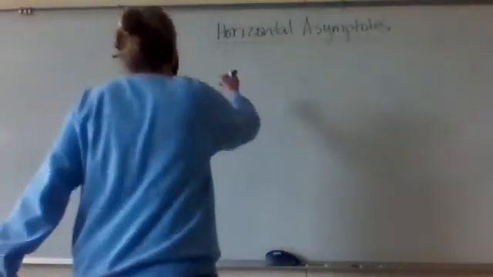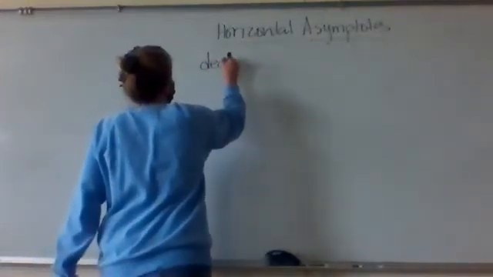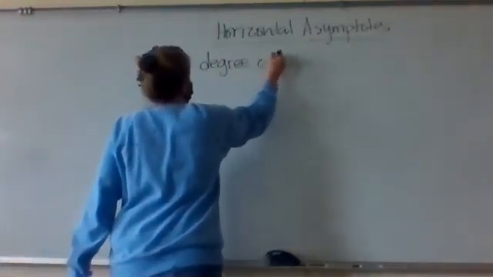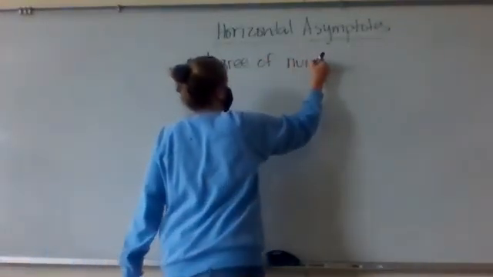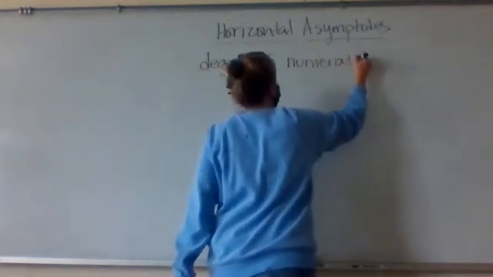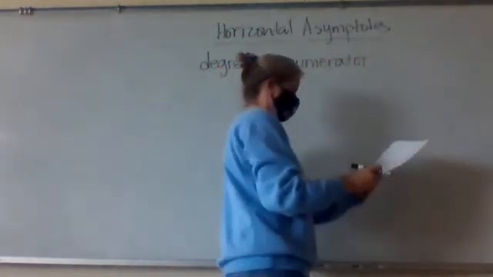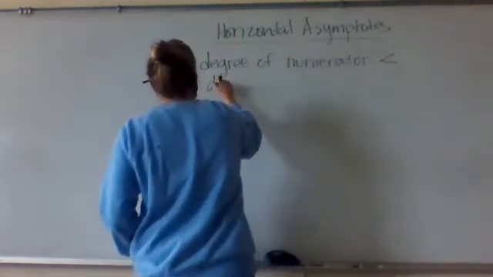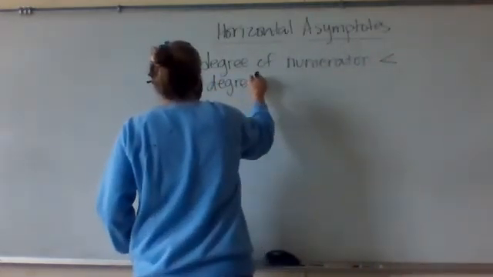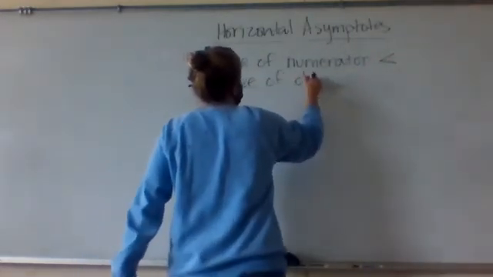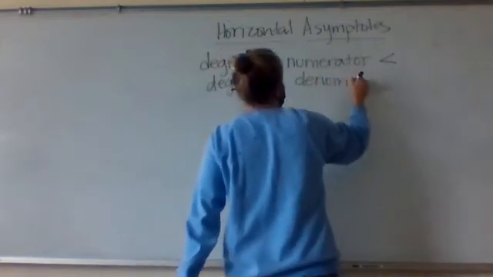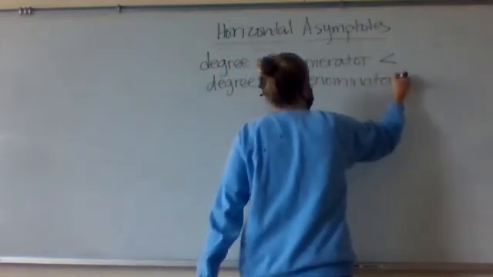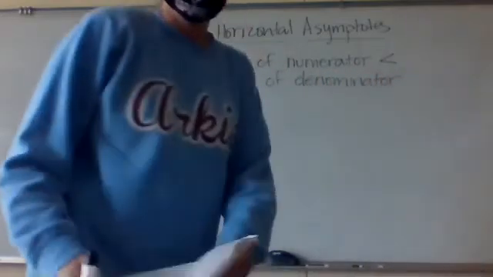If the degree of the numerator is, what am I going to do first? Less than the degree of the denominator. Okay? So what would that look like?